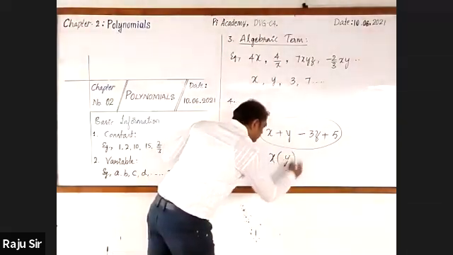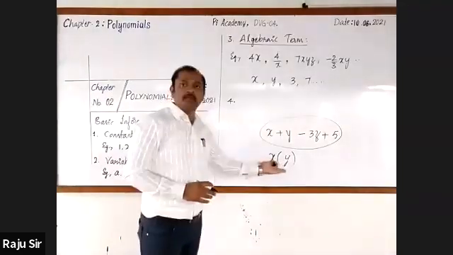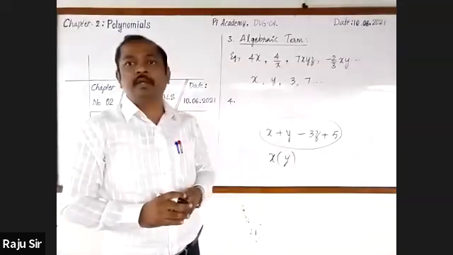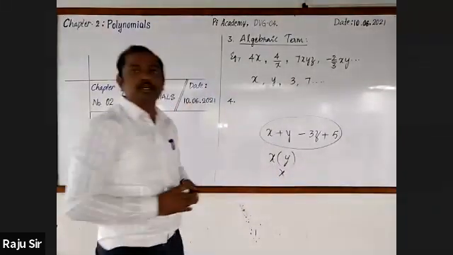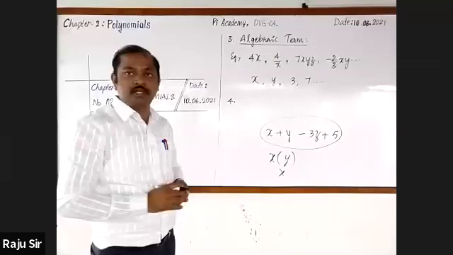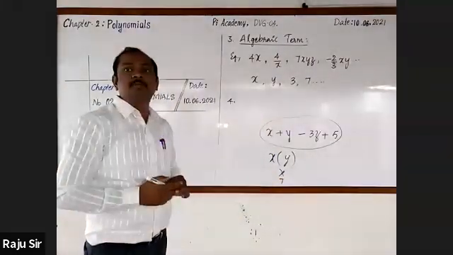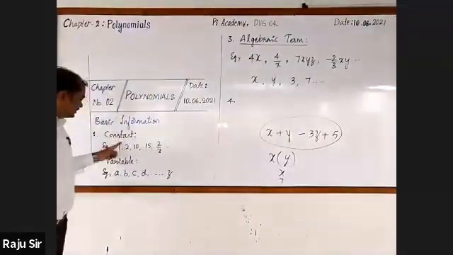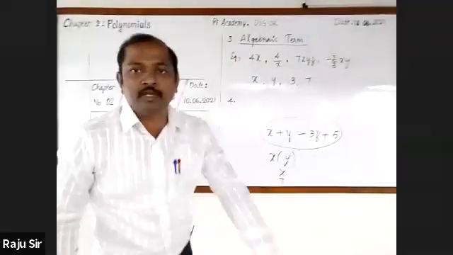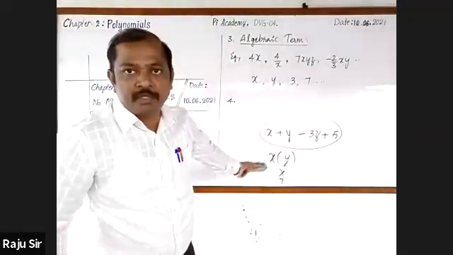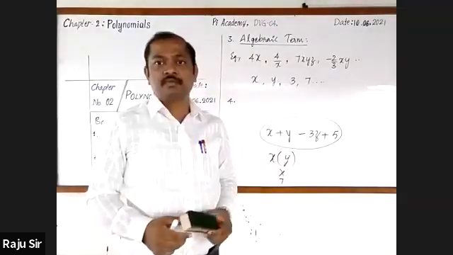I use the multiplication symbol, then you will get a product, that is xy. Xy is also an algebraic expression. X is also an algebraic expression. 7 is also an algebraic expression. All constants, all variables, and all algebraic terms are algebraic expressions. Followed? Yes or no?